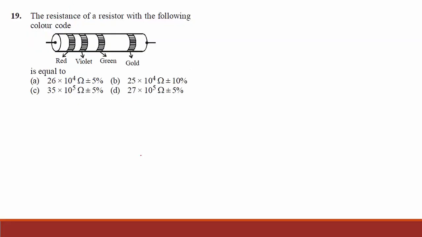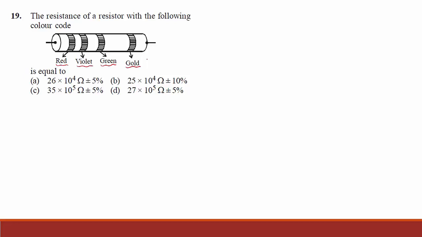The resistance of a resistor with the following color code: the first color is red, second violet, third green, and the last one gold. Resistor color coding we already studied in current electricity. We can use the statement B.B. Roy had Great Britain wife to solve it easily.